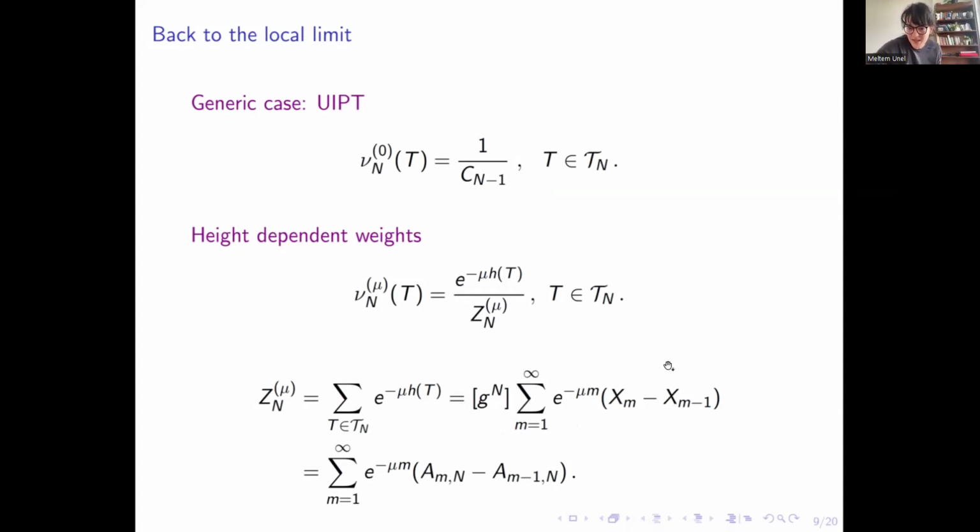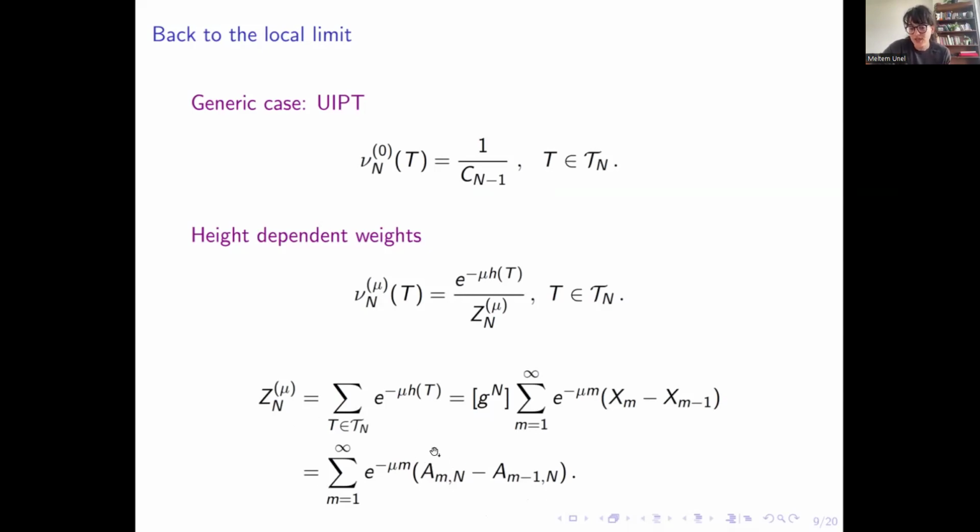And these x_m's are functions of g. If I expand them in g and look at the coefficient of g to the n, I get exactly these numbers a_{m,n} minus a_{m-1,n}, weighted by these factors exponential minus mu m.